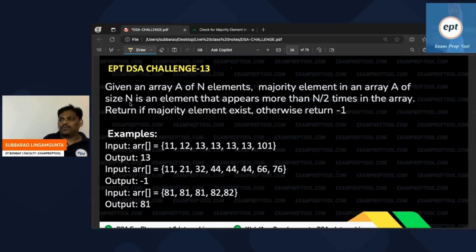Assume that the first person himself is the majority element, so I write index 0. And one more thing: because the first person, 10, came one time already, his count is 1.